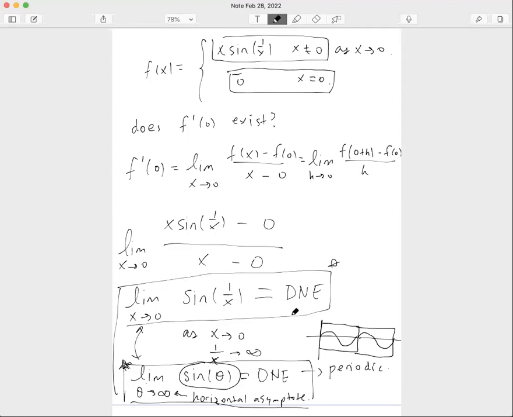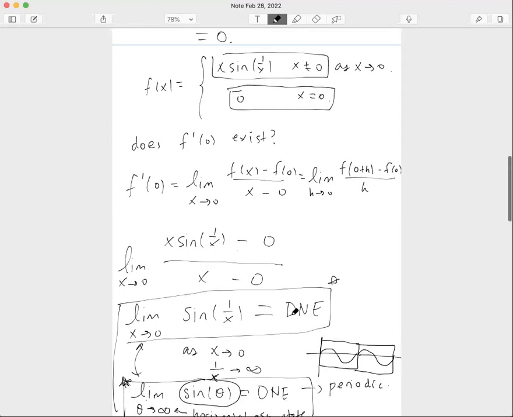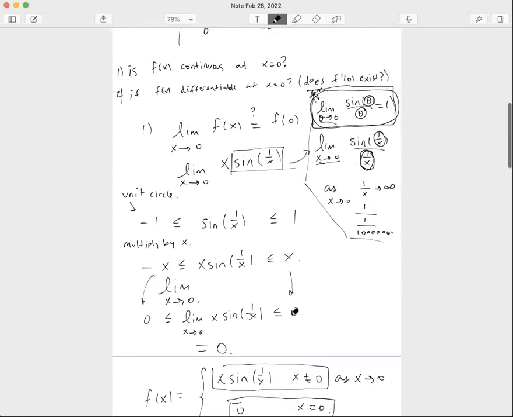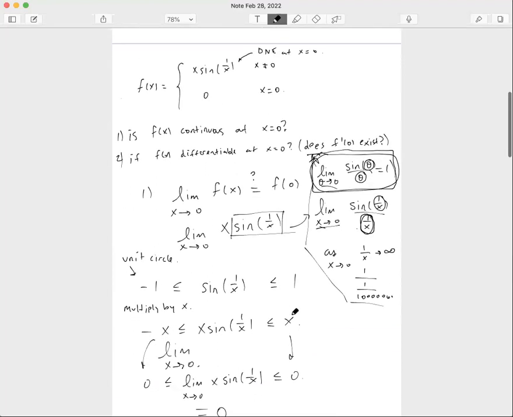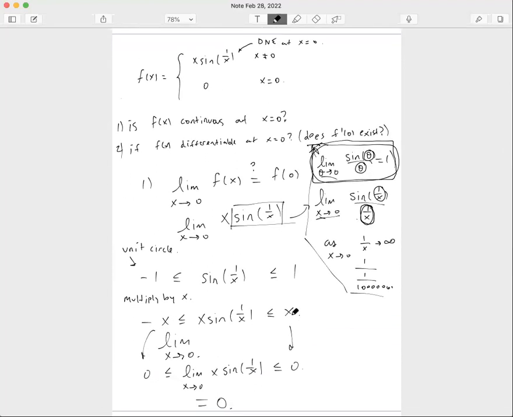The derivative does not exist, which is interesting because it was continuous, right? You could graph this where you don't have to pick up your pen, but for some reason around 0, you can't graph it so nicely that the slopes are continuous.